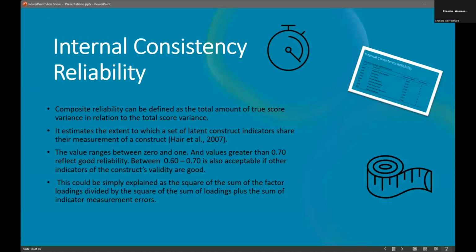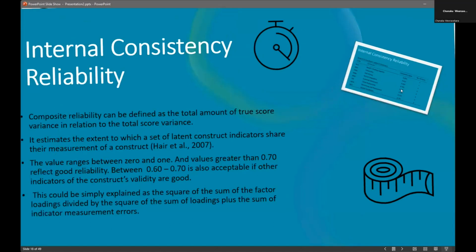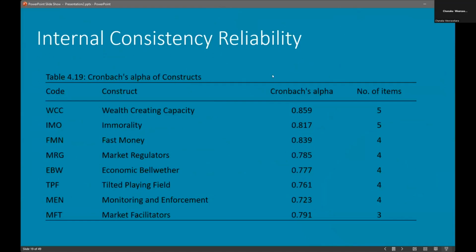Internal consistency reliability can be measured through Cronbach's alpha. You can see the Cronbach's alpha values are presented here. Several constructs are presented, WCC, IM, immortality, the same constructs I presented earlier. You can see the Cronbach's alpha values here.